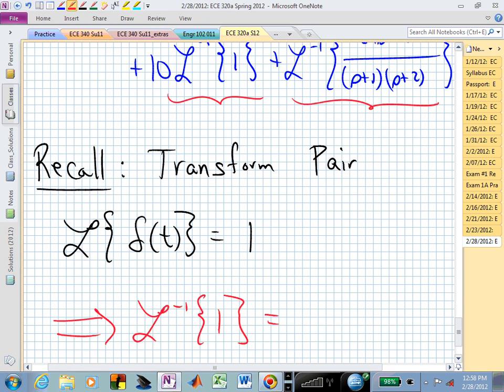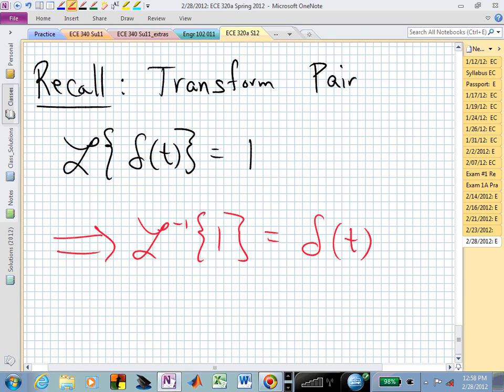Is that making sense? Now I'm just going the other direction. Meaning if I operated on the top equation on both right and left-hand sides with this inverse Laplace, I would end up with a delta of t equal to the inverse Laplace of 1.